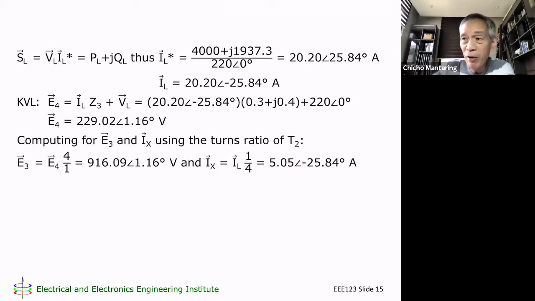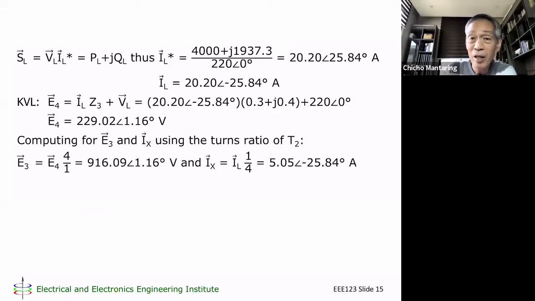Just so that you can audit your answers as you make your computations. Kapag mas madaming turns, mas malaki yung voltage, pero mas maliit yung current. Okay? In other words, if you're going from a smaller number of turns to a higher number of turns, the voltage will increase, but the current will decrease.